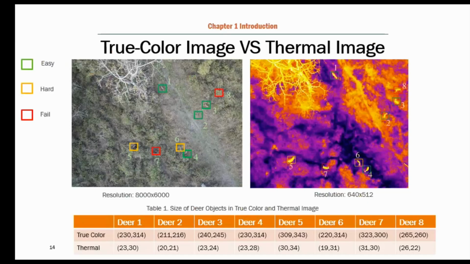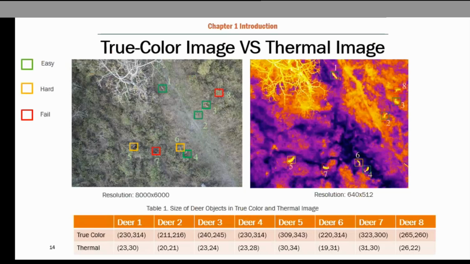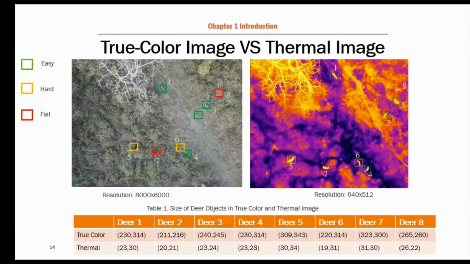However, it's also notable that the size of animal objects in the high-resolution image on the left is about 100 times larger than those in the thermal image. The smaller size of the animal objects in the thermal image presents a significant challenge for deep learning-based methods to automatically detect them.